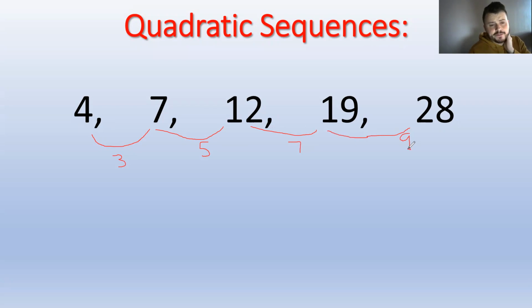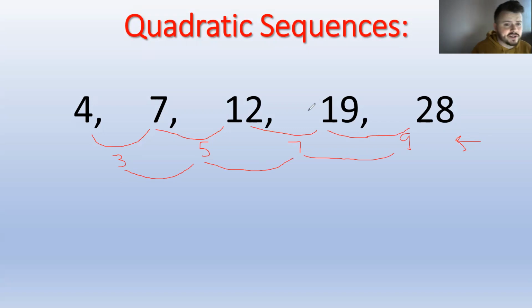So this is what some people call the first difference. We've got a first difference here, and you can see that the difference isn't consistent. We've got 3, 5, 7, 9. The numbers are increasing by different numbers every time. So we need to find the difference of the difference. In other words, what is the difference between 3 and 5? And the difference between 5 and 7, and the difference between 7 and 9.